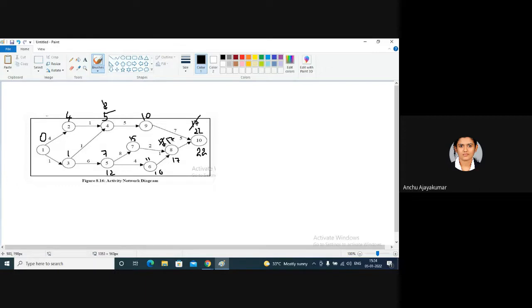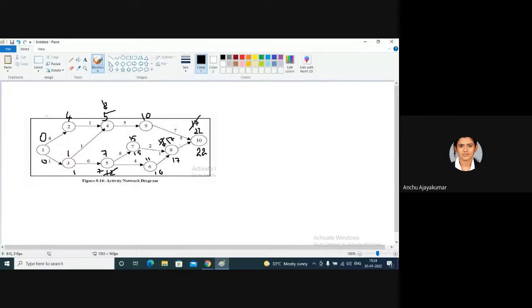Hold there. 17 minus 2 is 15. 15 minus 8, here we get another number, 7. In the case of TL calculation, we have to take the lowest value, so I am taking 7 here. 7 minus 6, I am getting 1. 1 minus 1, I am getting 0 here.